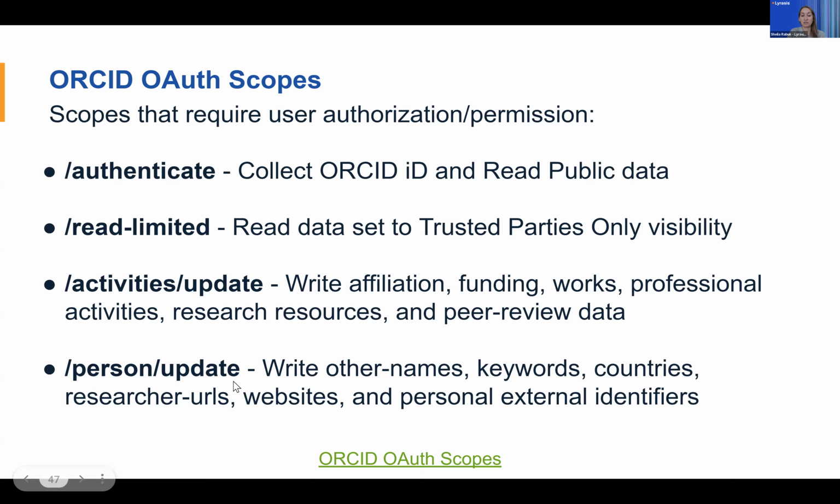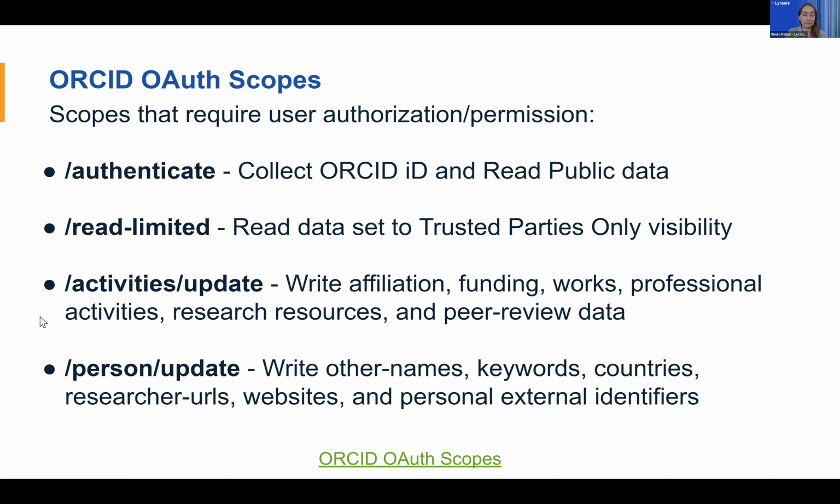And then there's person update, which are more of the smaller pieces of information like other names or keywords, countries, websites. So for example, faculty profiles, you can write those links to your researchers' ORCID records as well.